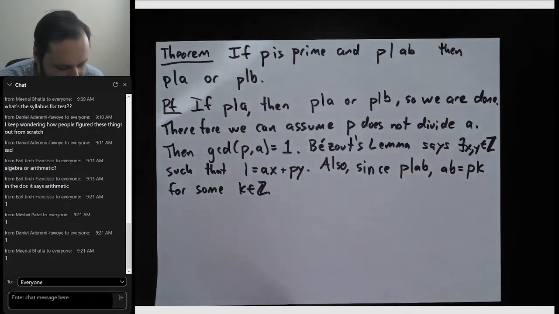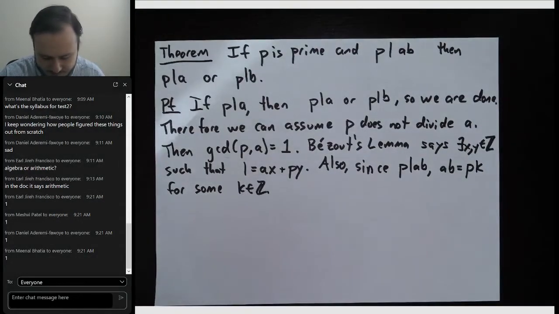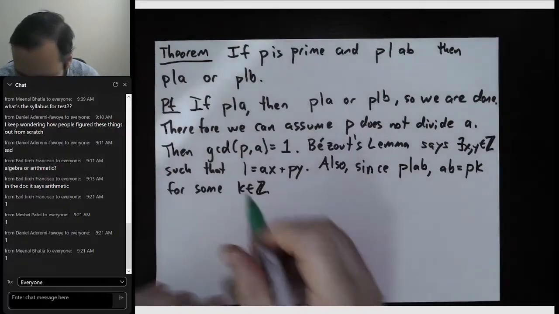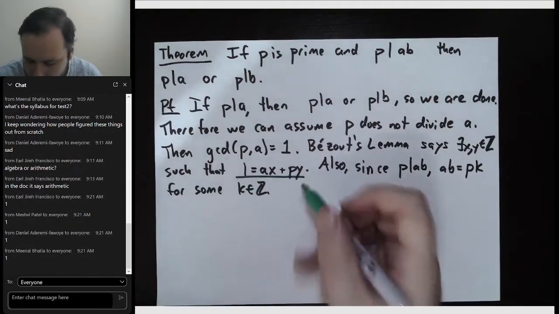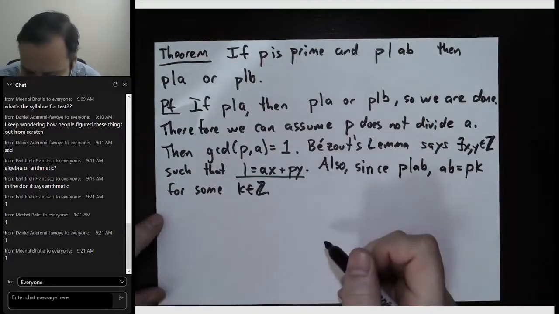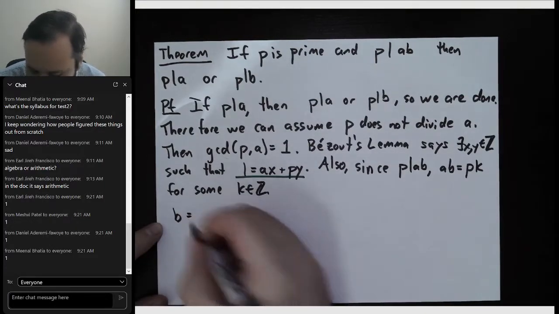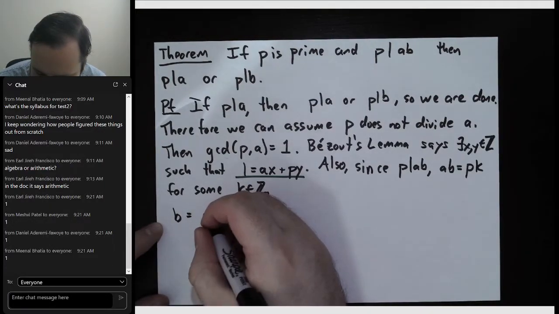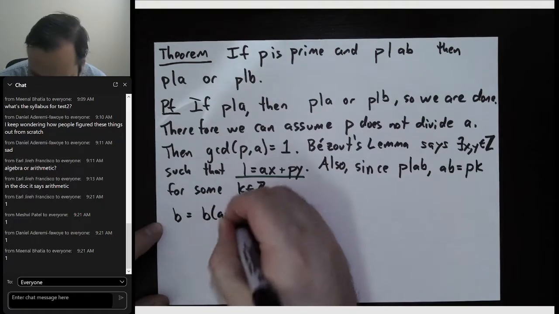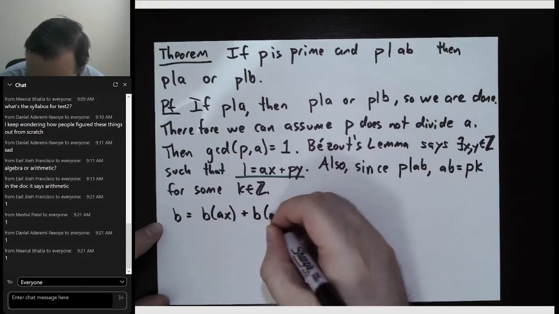The idea is that I'm going to take this equation right here, and I'm going to multiply it by b. Multiply both sides by b. So b is equal to b times ax plus b times py.